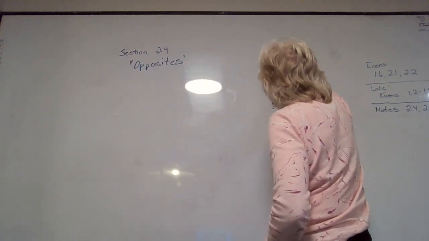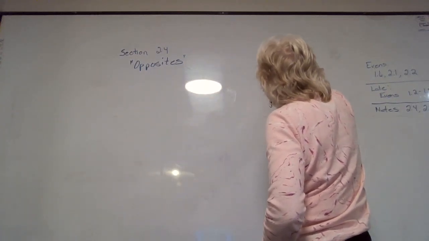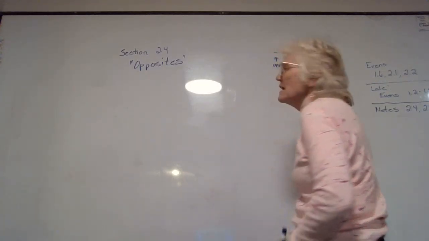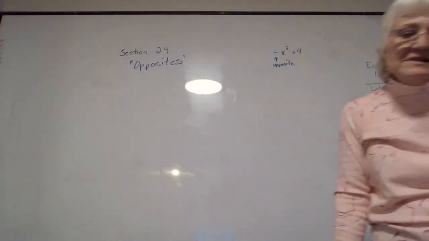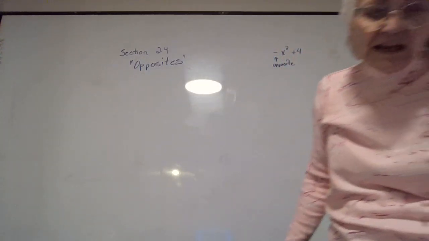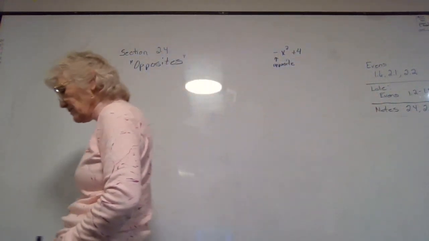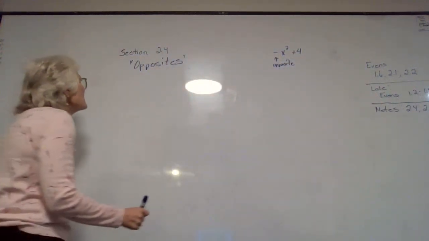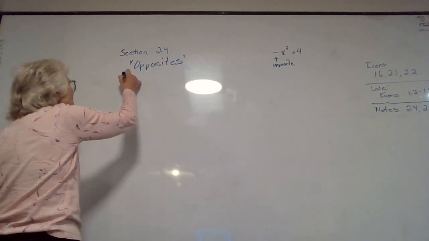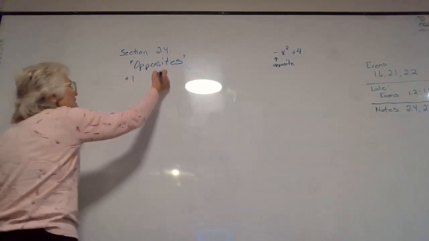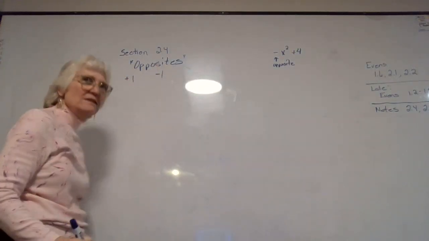I'm using that term right there, the opposite. Basically, opposites are things, how do I say it? So if I have a positive 1, the opposite is a negative 1.